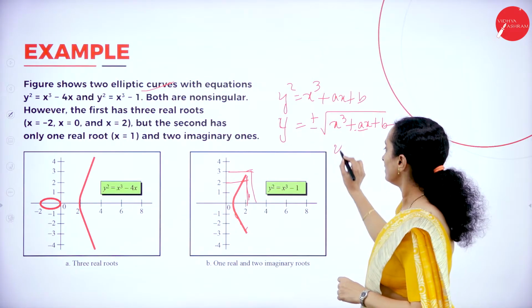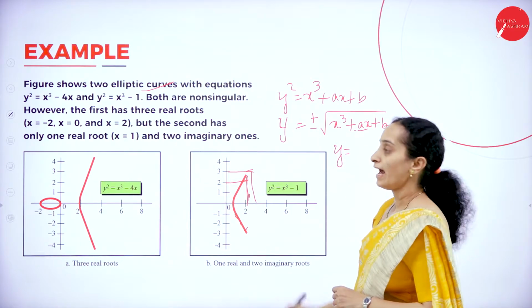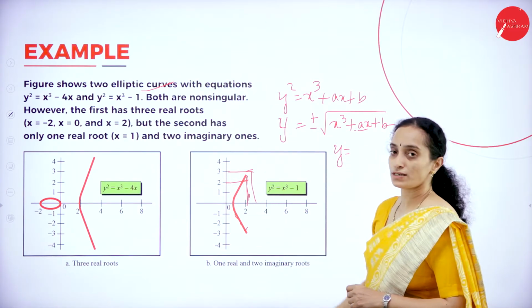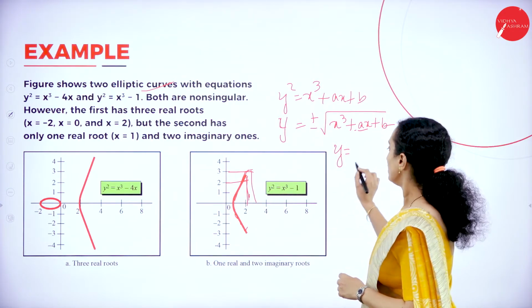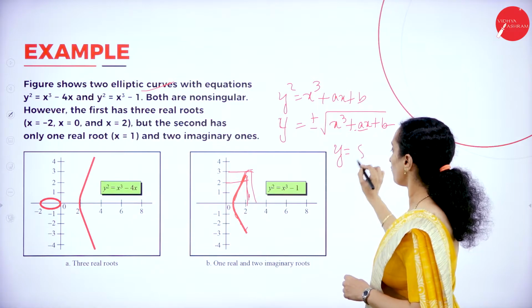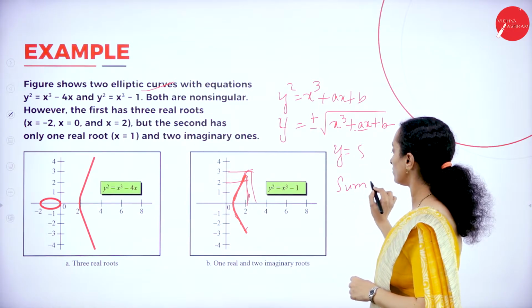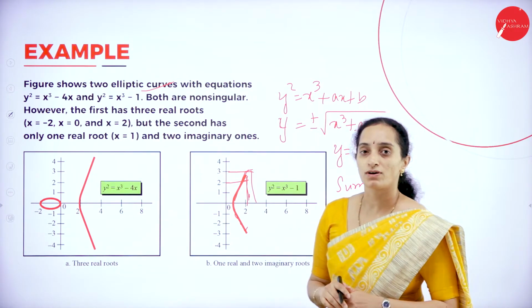When you have 3 points over the curve which make a straight line, the sum of those 3 points will be equal to 0.